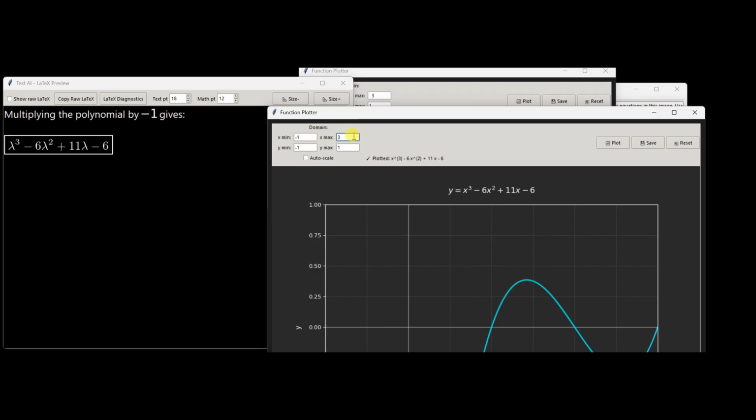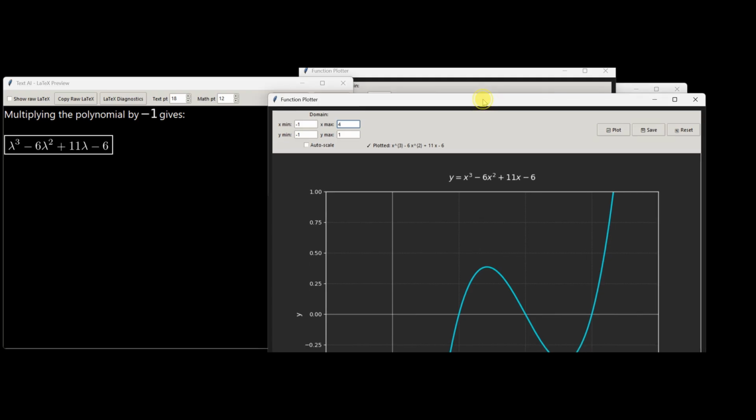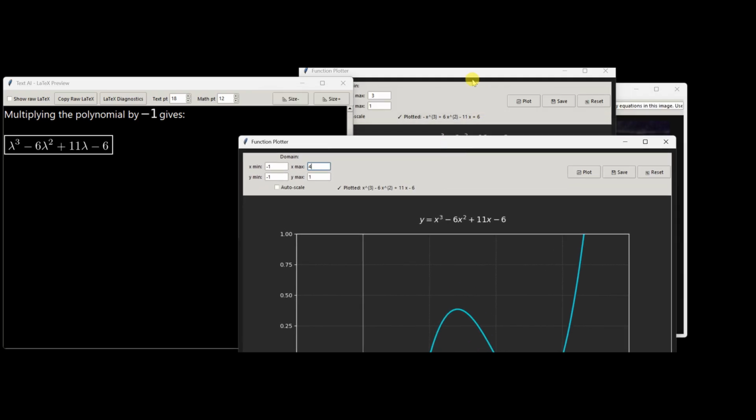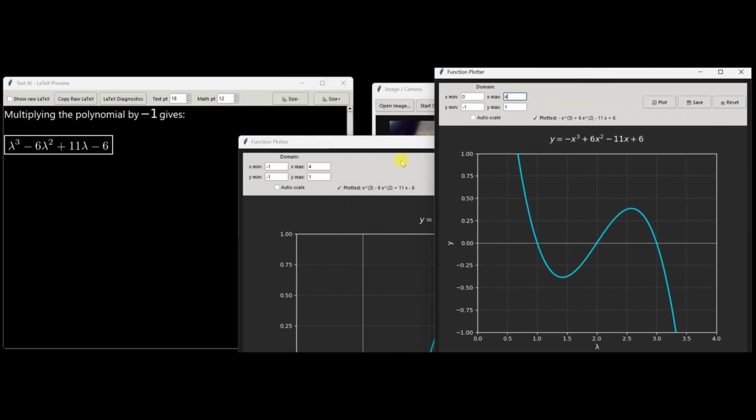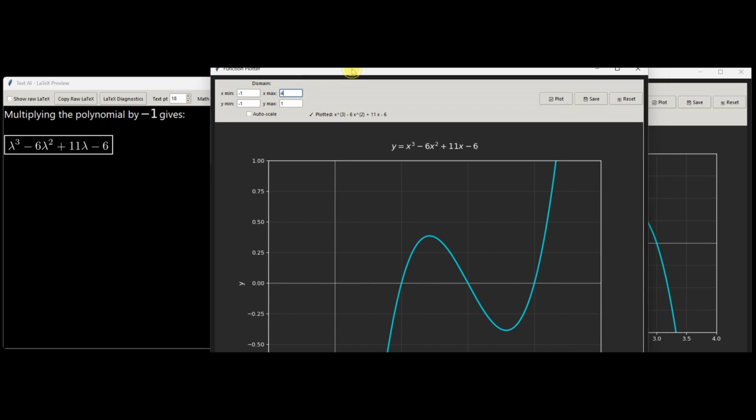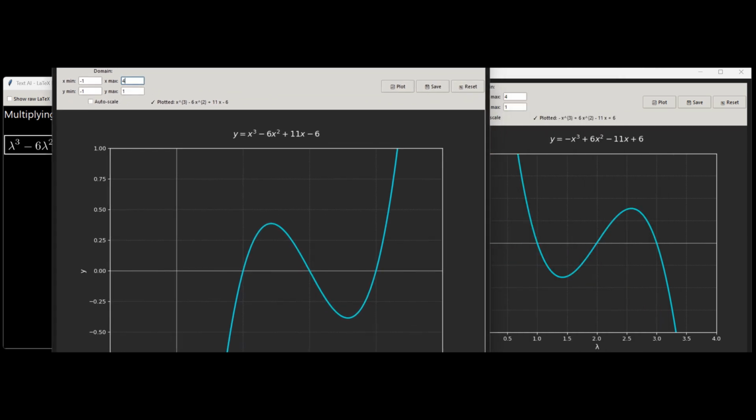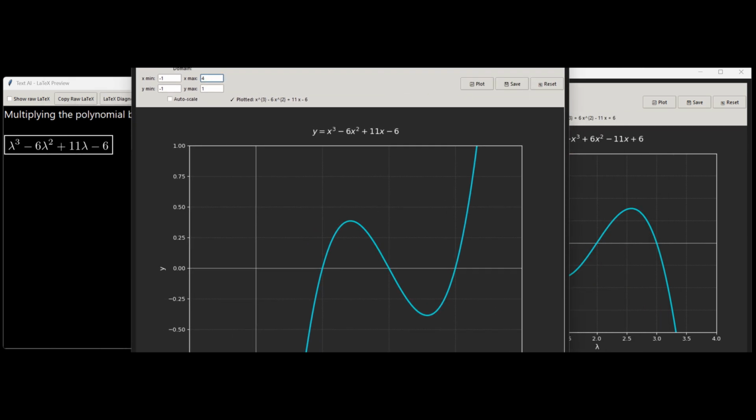I'll make it 4 actually. There we go. So here's the first one. The roots 1 to 3, actually just make that 4 as well. So that's the original one. Here's the flipped one, which is kind of obvious. It's exactly the same, just flipped over.